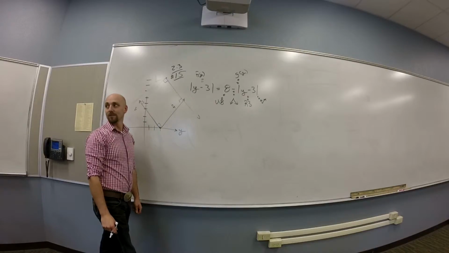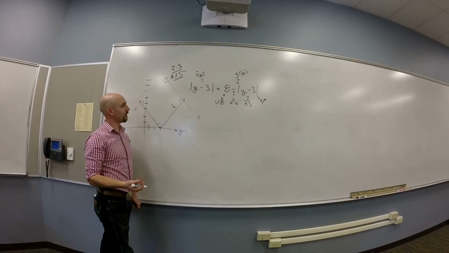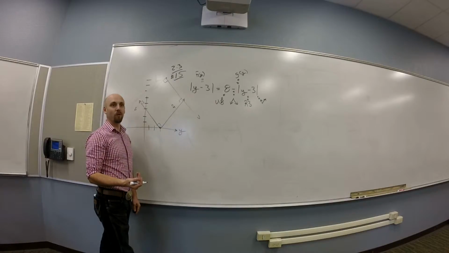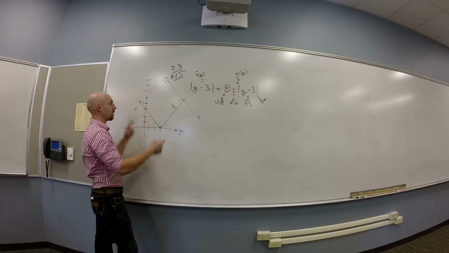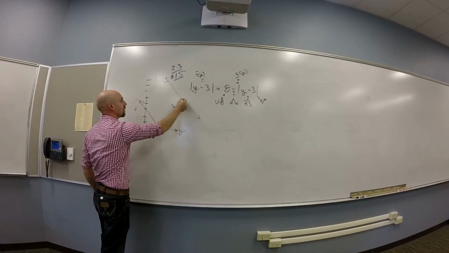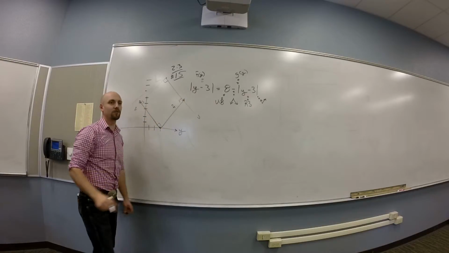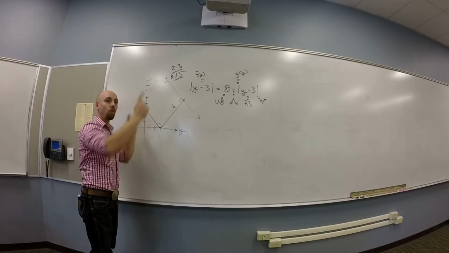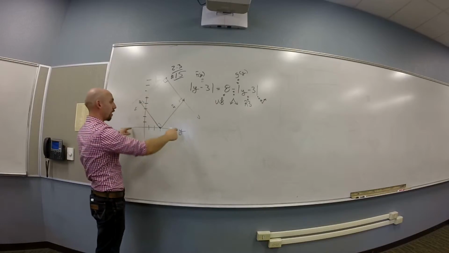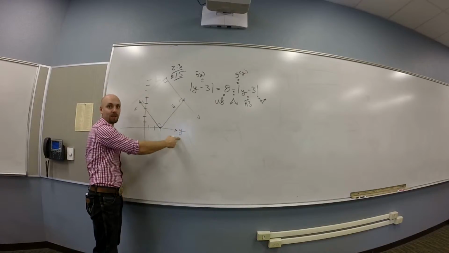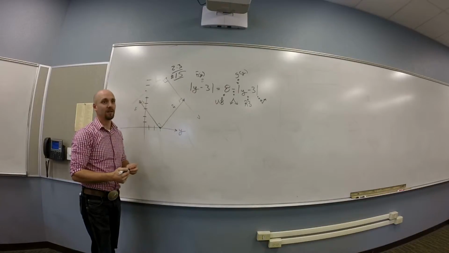Cool? So what am I actually looking for here? The solutions. I'm looking for 2 points of intersection, and specifically the y values of those points, because I'm doing this with a y-axis over here.